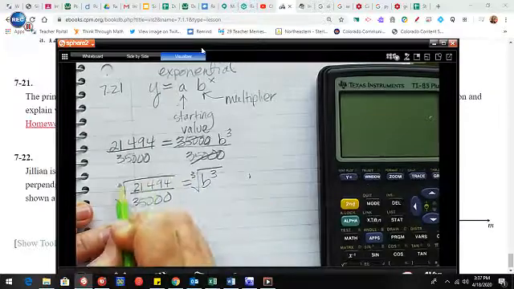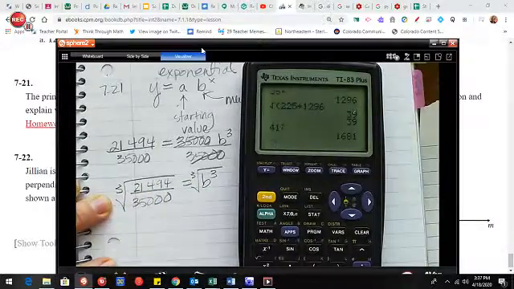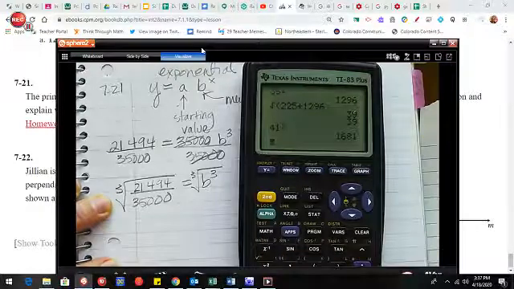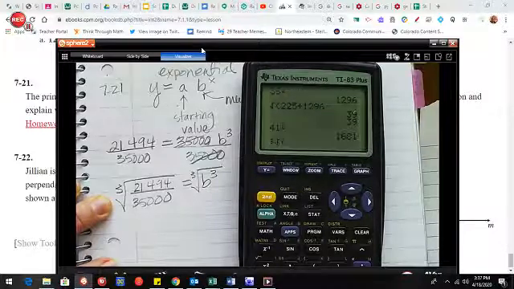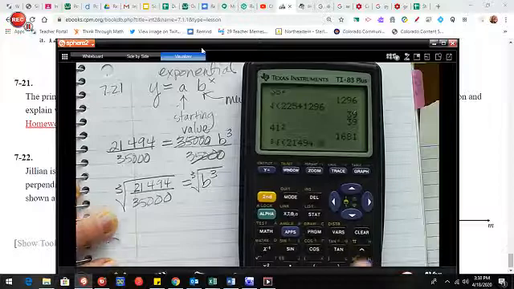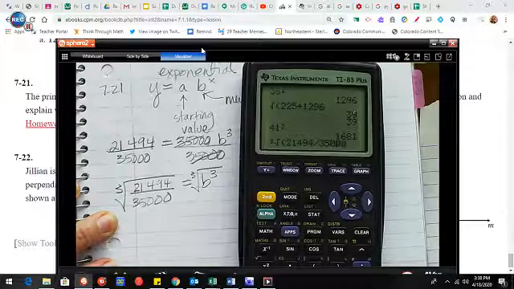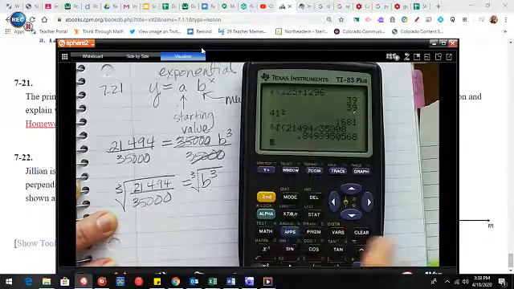You could do this on Desmos. So the cube root of 21,494 divided by 35,000 is, I'm going to round that off to 0.85.